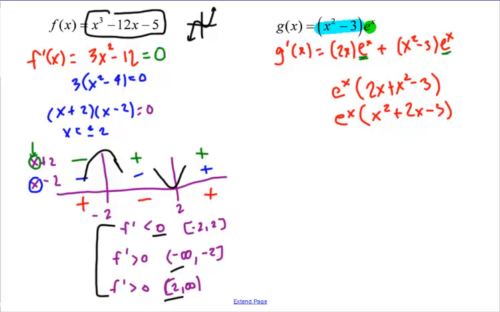Look at the second guy over here, and let's try and factor him out. e to the x, we want to set this equal to 0. e to the x times x squared plus 2x minus 3. So that would be e to the x, and then this guy would factor to x plus 3, x minus 1.